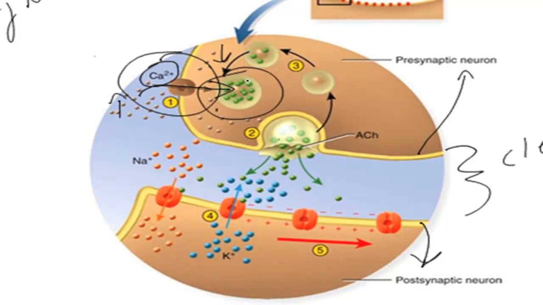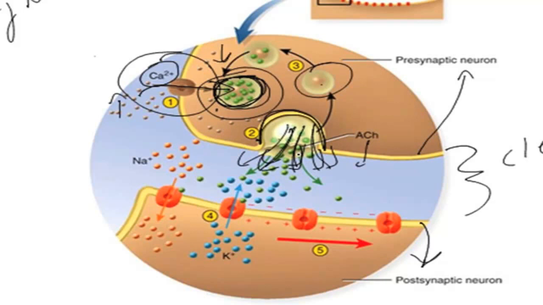Calcium ions stimulate the breaking open of the synaptic vesicles into the synaptic cleft. This is called exocytosis. It's a form of vesicle transport. Calcium ions stimulate the exocytosis of neurotransmitters.